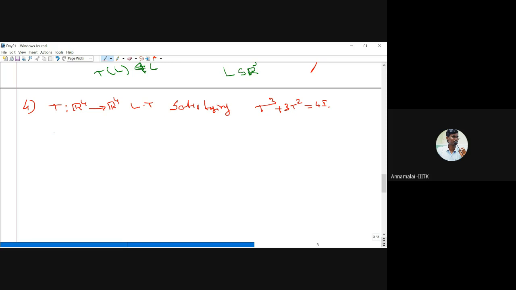Then what can you say about this? I define a new linear transformation S, which is T power 4 plus 3 times T cube minus 4 times I.